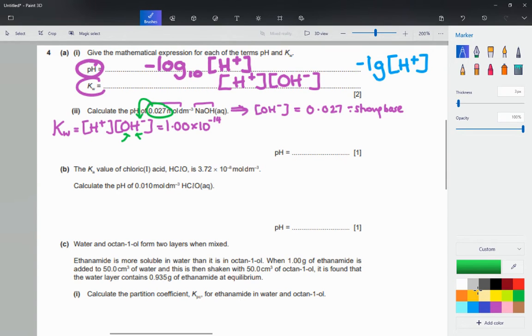Okay. And so if we incorporate that, concentration of H+ times 0.027 is equal to 1.00 times 10 to the minus 14.